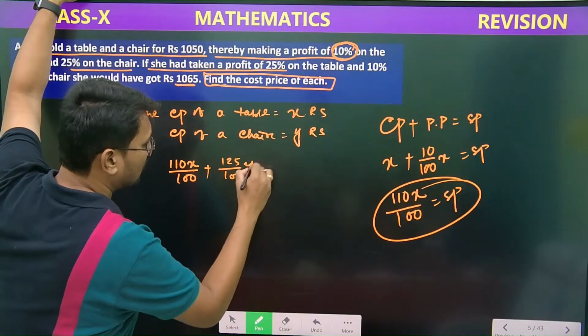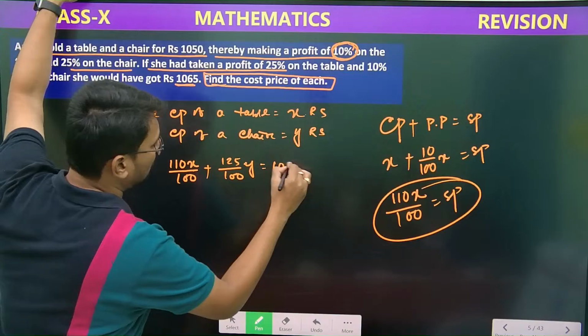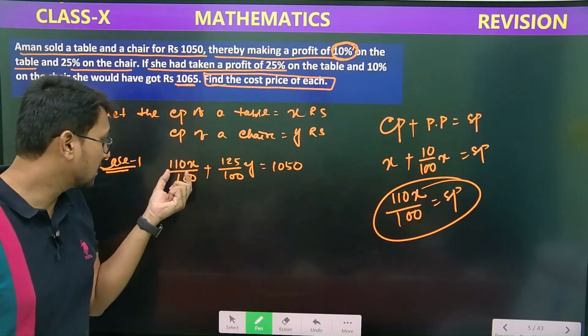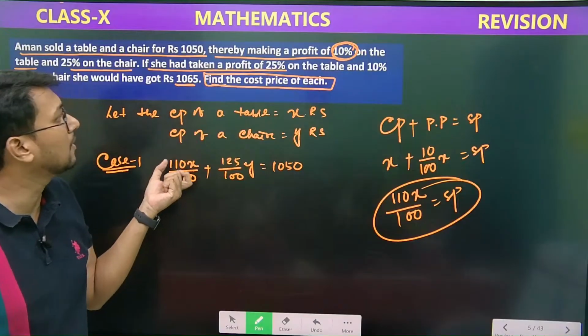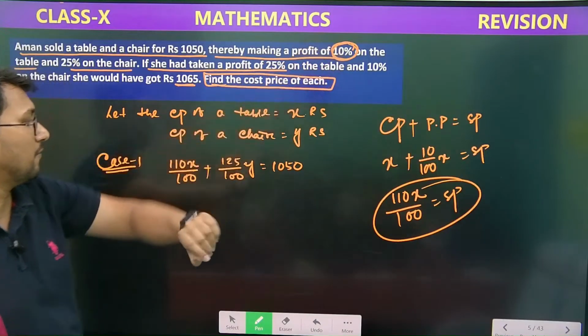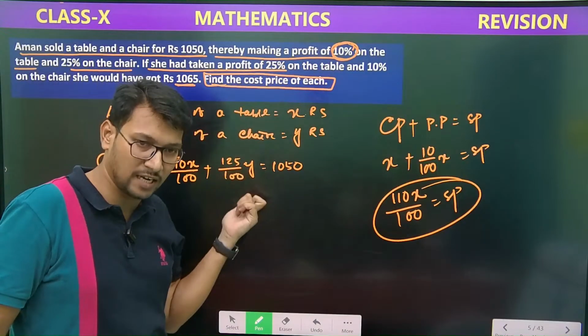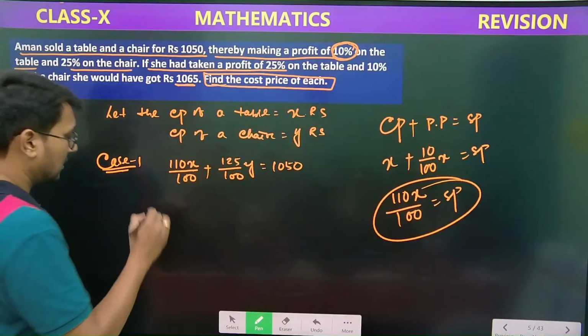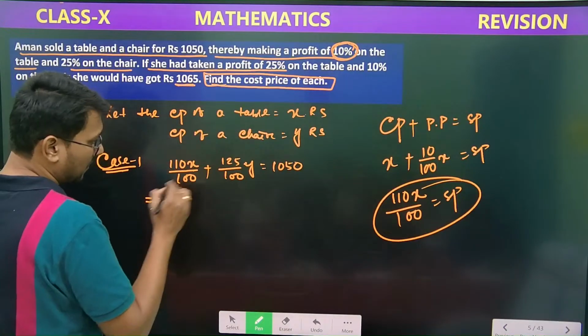This is the selling price of a table after getting 10% profit, and this is the selling price of a chair after getting 25% profit.